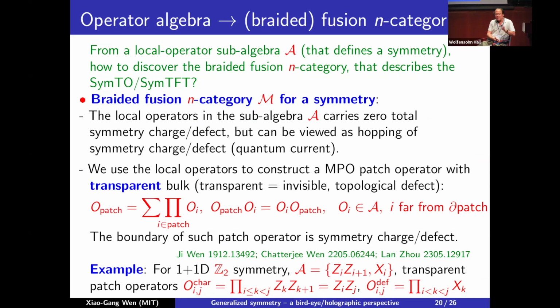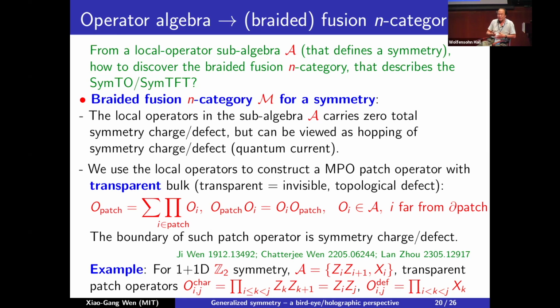Remember, we defined symmetry using this local operator subalgebra. That's a microscopic definition. Then at the end we made a claim: symmetries are described by a braided fusion category. So that suggests that we should be able to derive the braided fusion category from this local operator subalgebra.